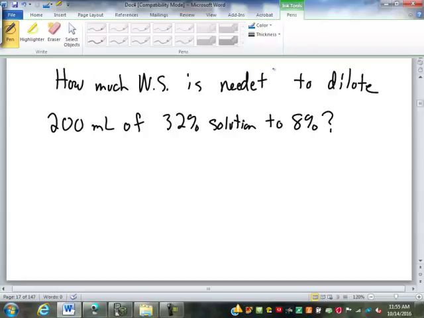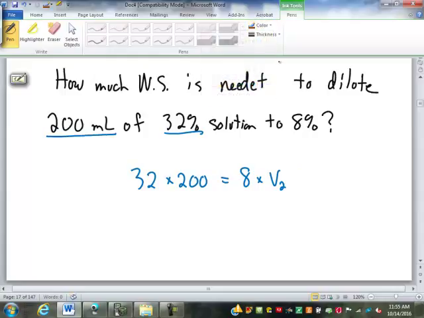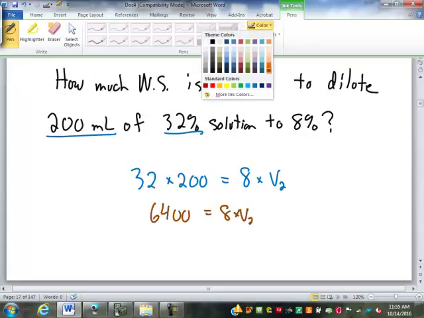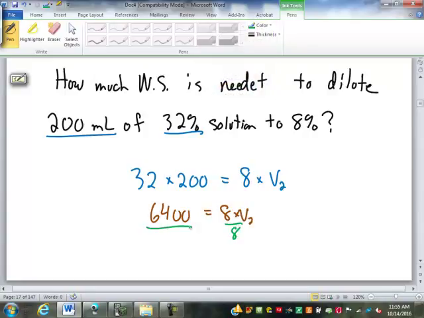Now again, we did a problem like this using our dilutions. We're going to use it with the concentration adjustment formula. So we have 32% and 200 milliliters describing the before. So it's 32 times 200 equals, we know 8% afterwards times our new volume. So 32 times 200 is 6,400. We'll divide by 8. So 800 is our new volume.